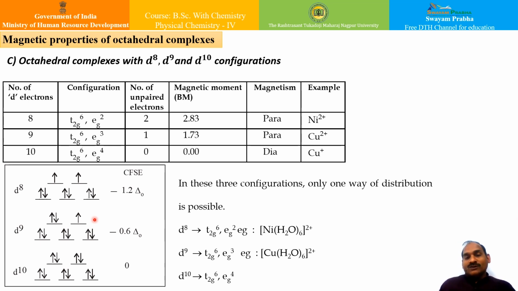Now this concept of magnetic properties is very crucial and very important in understanding the formation of octahedral and tetrahedral complexes, which was explained in crystal field theory as well.